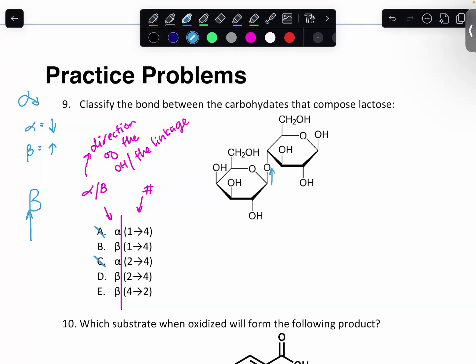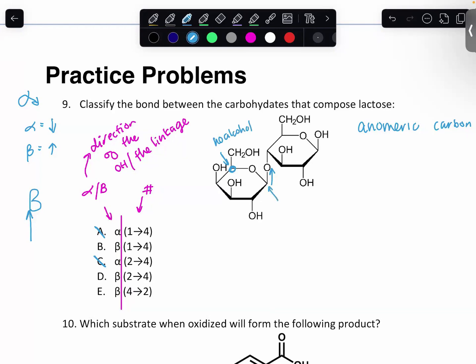How do we number? Do you start at the oxygen or do you start at the carbon next to the oxygen? Which carbon next to the oxygen? Yes, numeric carbon one. That's going to be the carbon next to your oxygen that has an alcohol. Because see how this carbon has no alcohol.